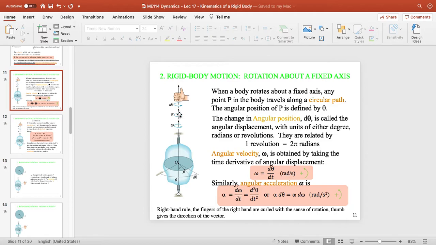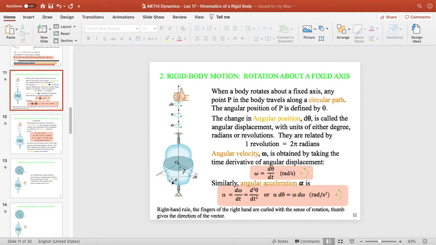We saw these definitions: using a reference line, maybe perhaps on the initial position of the body, then as the body rotates, it is going to rotate relative to this reference line, right? So the change in position as it is rotating can be referred to as the change in its angular position, and that is of course represented as this d theta.